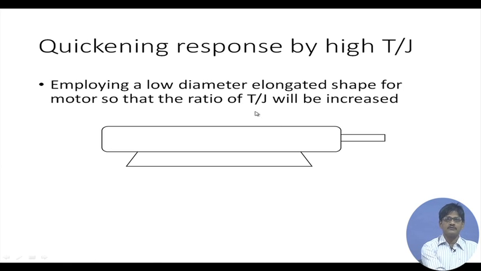Torque is proportional to the first power of radius. It's equal to force into radius, it's a couple. So, this torque is proportional to the radius. Force into radius, or if you consider a couple, force into diameter.